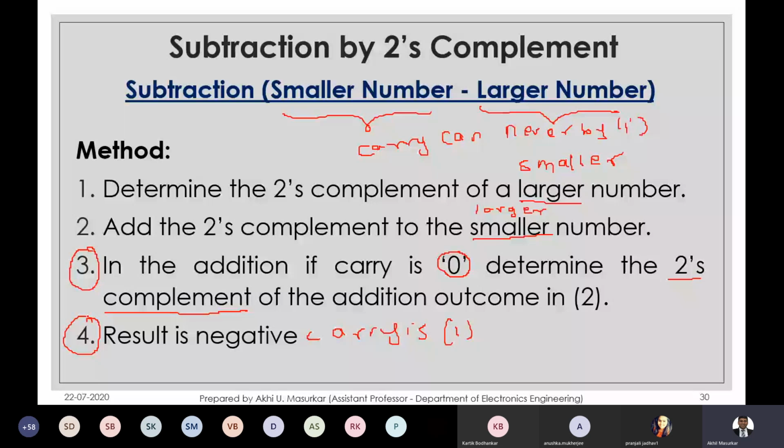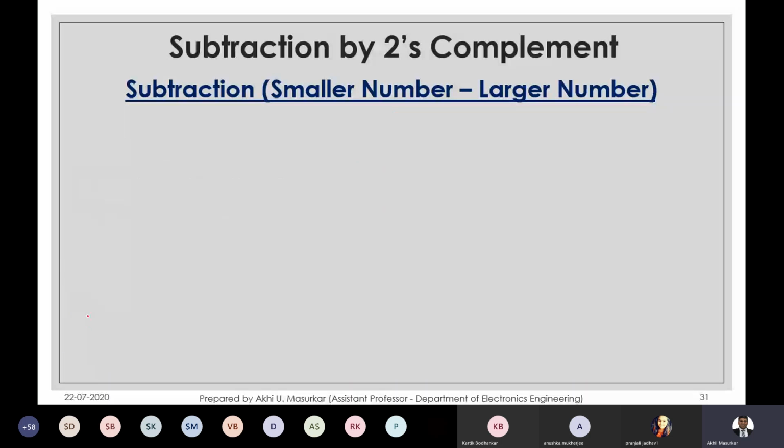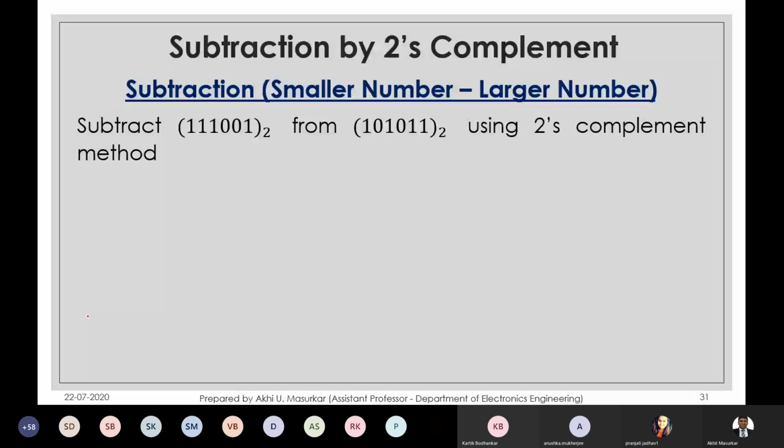So let's move ahead. My numbers are same, just for comparison sake. Write in the question: subtract 11001 from 101011. That is using the 2's complement method.